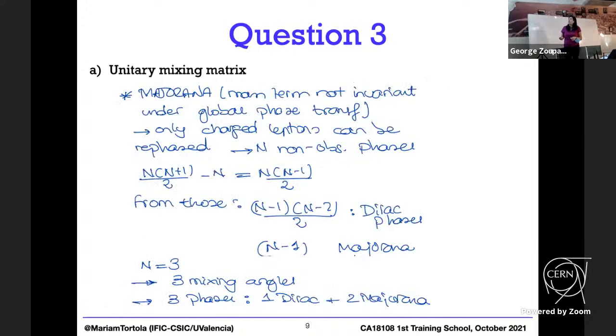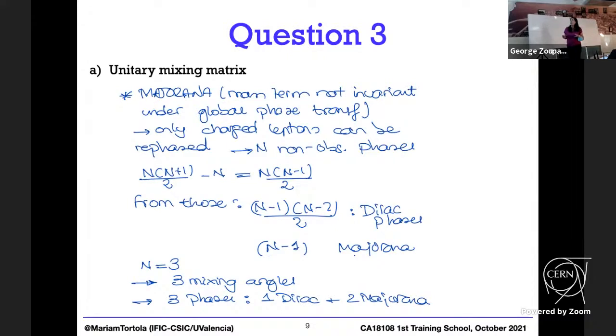For Majorana, we have seen that there is not such a freedom to remove the phases, because the mass term involving neutrinos is not invariant under global phase transformations. So we can only rephase the fields of the charged leptons. So in that case, one can only remove n phases. And then we will have in total n times n minus 1 over 2 phases.